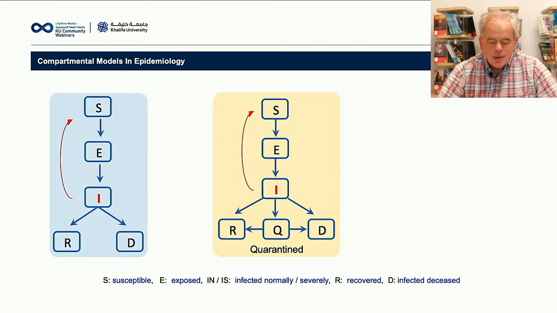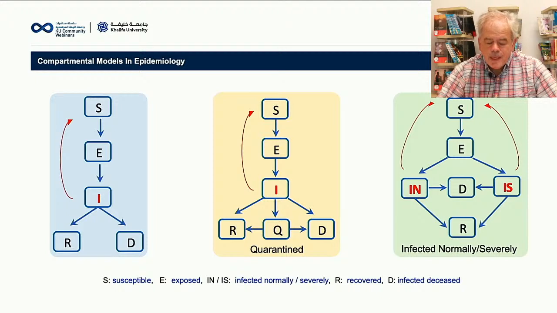Another extension is the addition of the populations in quarantine. The people in that group do have the virus, but cannot infect other people because they are isolated. Another extension is to separate the normally infected people from the seriously infected people. So you see that now both infected populations can interact with the healthy population to produce exposed and then infected people.